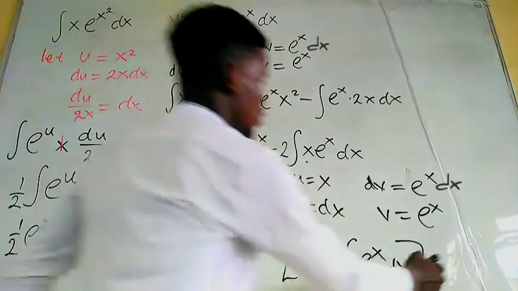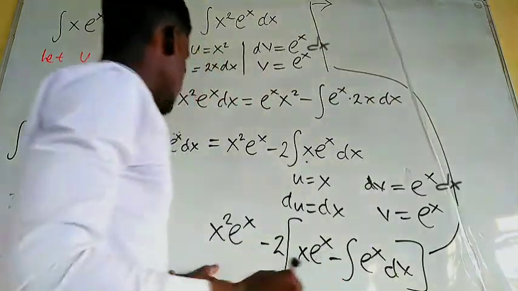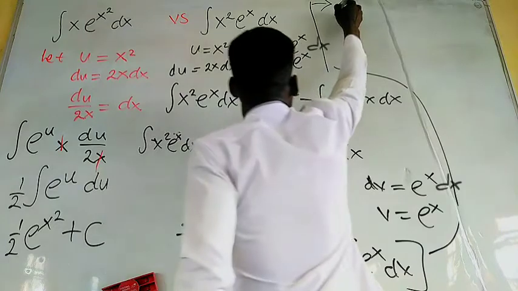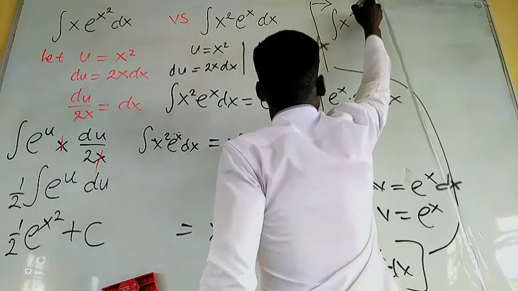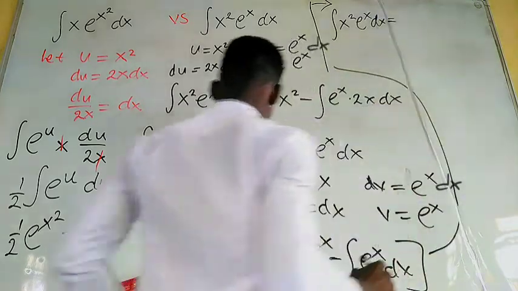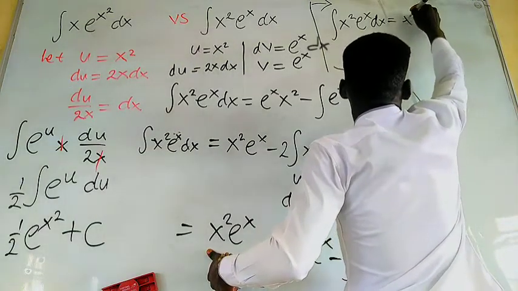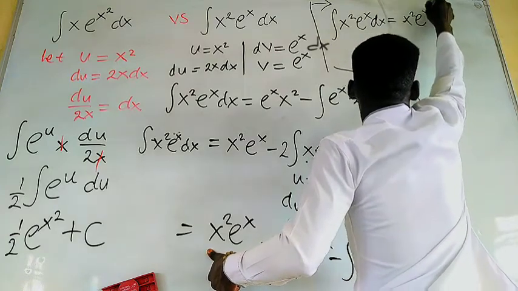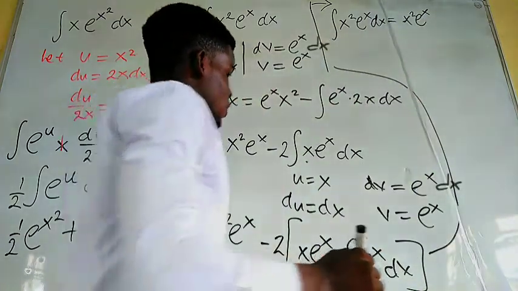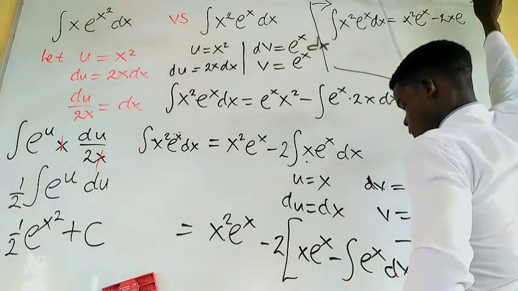So where do we go from here? We are almost done. I'll just have to rewrite this as the integral of x squared e to the power of x dx to be equal to x squared e to the power of x, and minus 2 of that, so minus 2x e to the power of x.